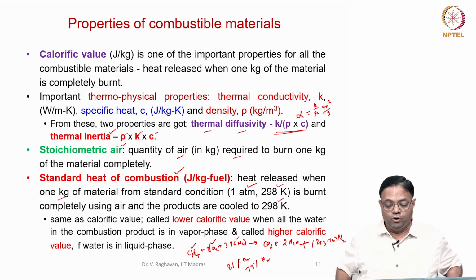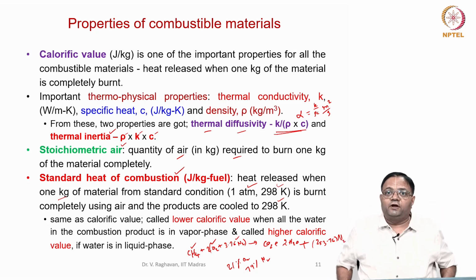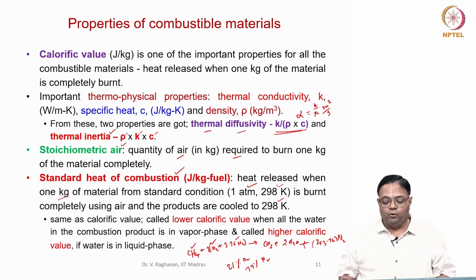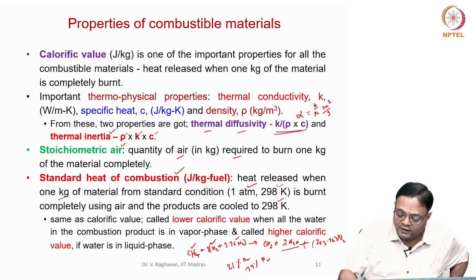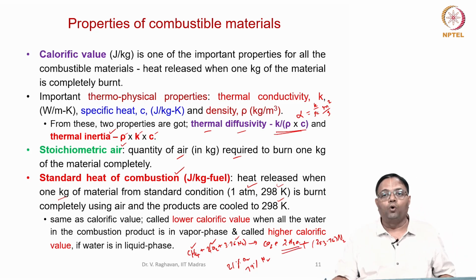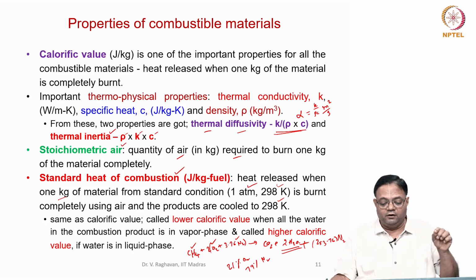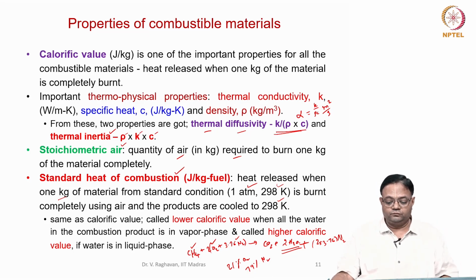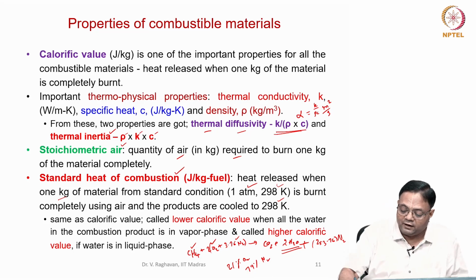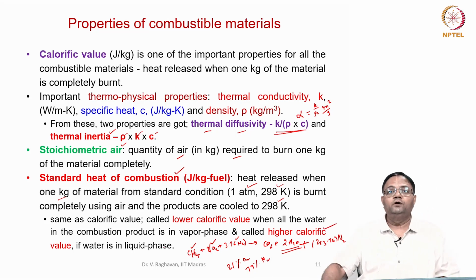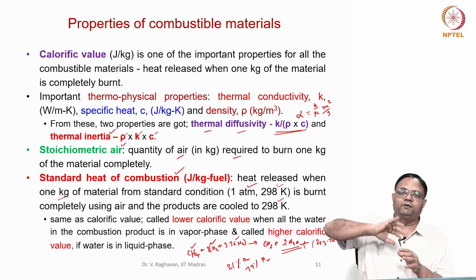Now, there are classifications of calorific value such as lower calorific value. You see that in the product there is some water which is formed, H2O. If this water is in liquid phase, then what you get is the higher calorific value, because the water is formed in vapor phase.